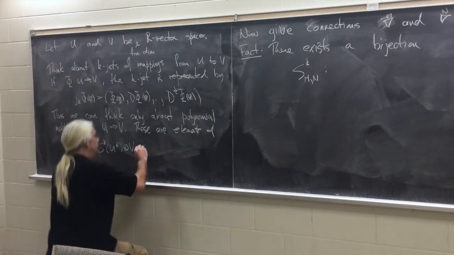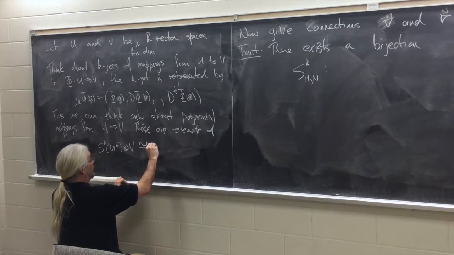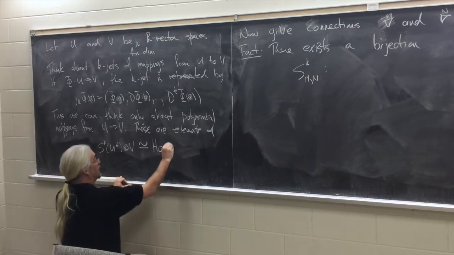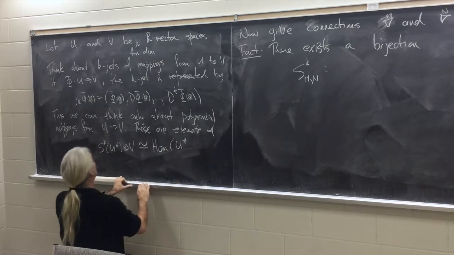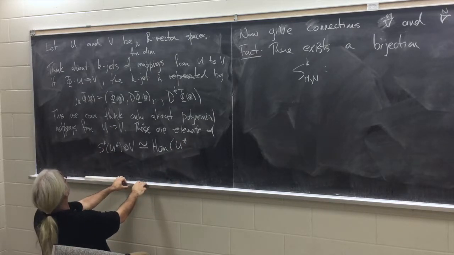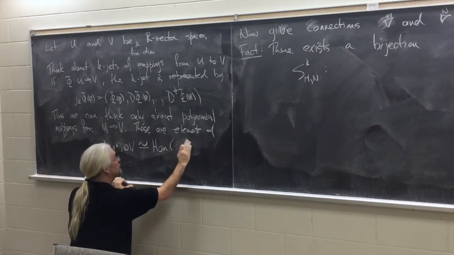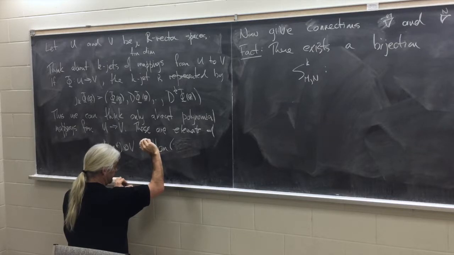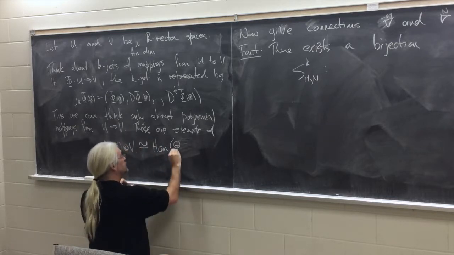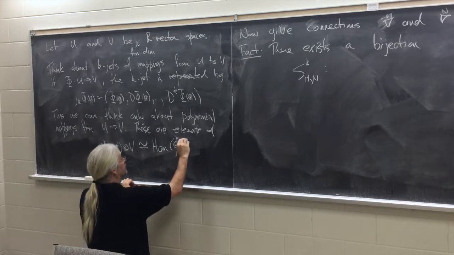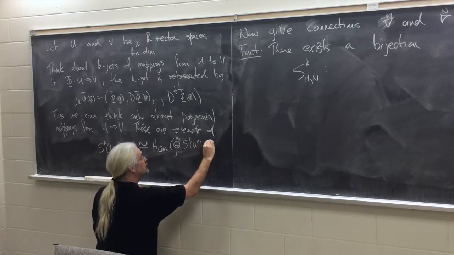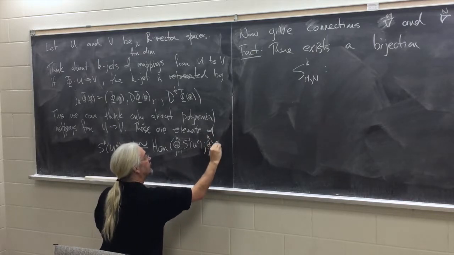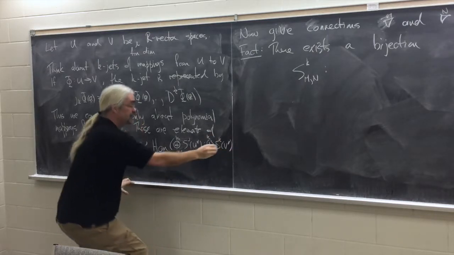By what I just erased, this space is really Hom, algebra homomorphisms from the direct sum, j equals 1 to k, of S^j U star into the direct sum, j equals 1 to k, of S^k V star. Does that make sense?